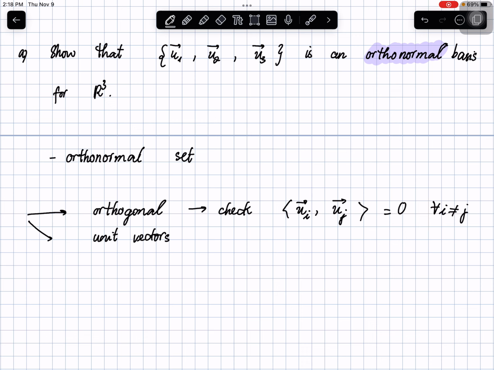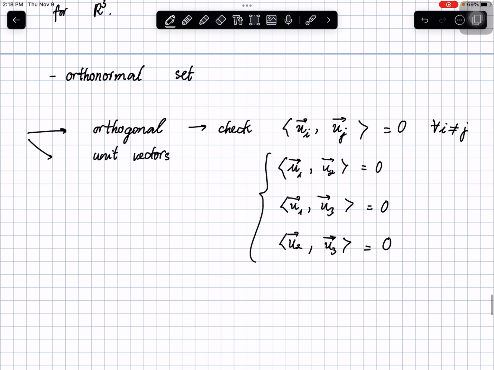So we need to check that the inner products of u1 and u2, u1 and u3, and u2 and u3 are all 0. So this is the first step, orthogonal.